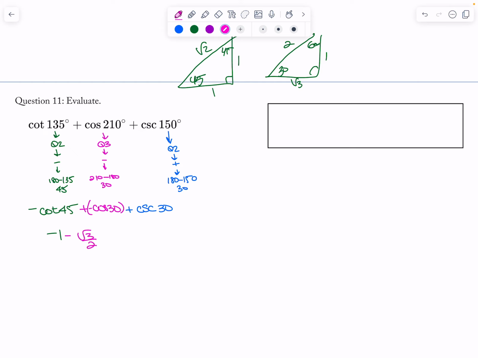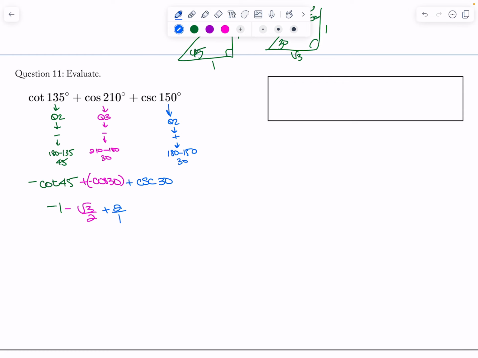And then my cosecant of 30 degrees is, just want to make sure I'm doing that right. Okay. Cosecant of 30 degrees is 2 over 1. So then this is going to be overall 1 minus root 3 over 2.